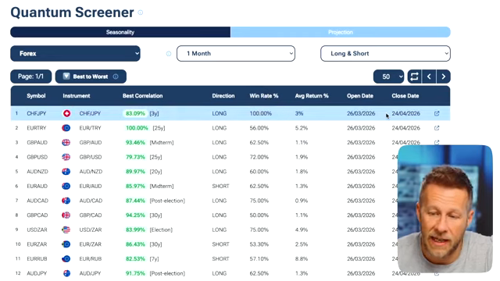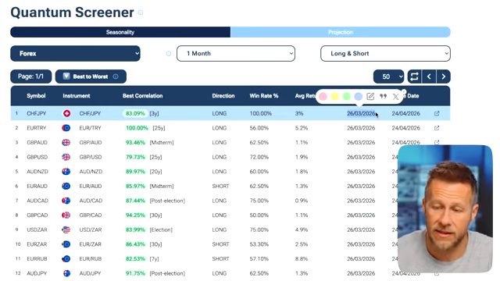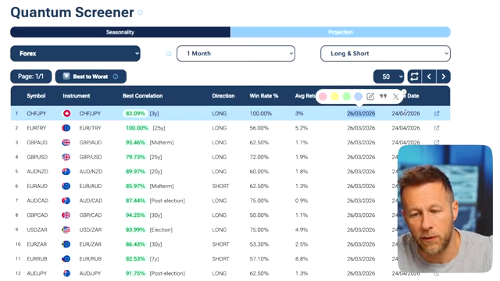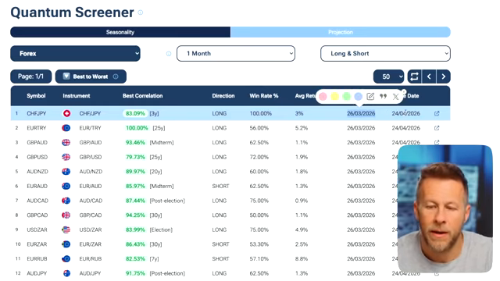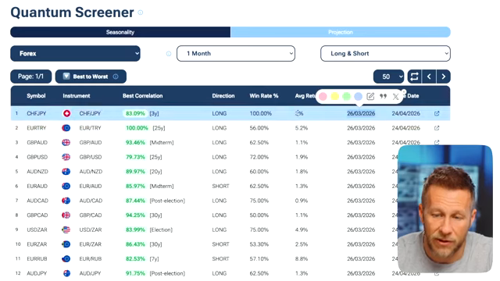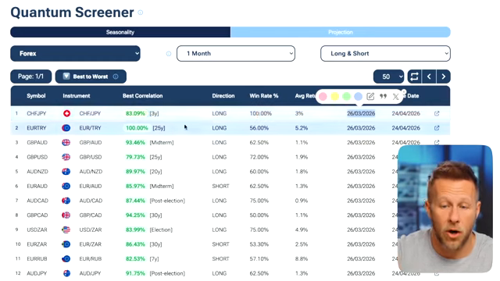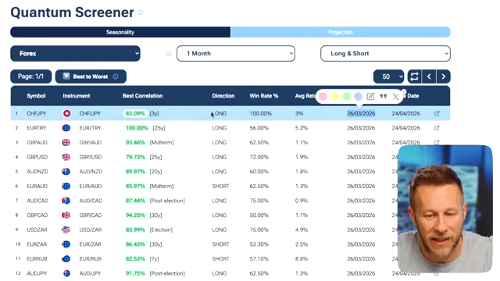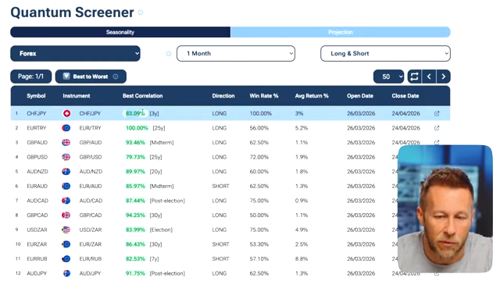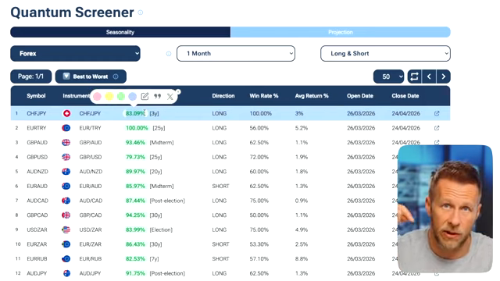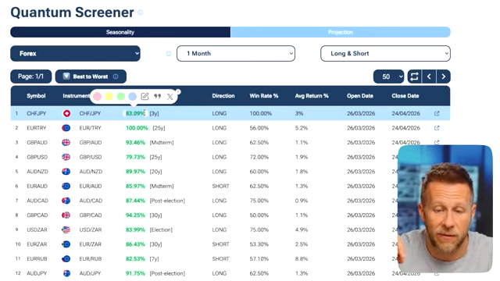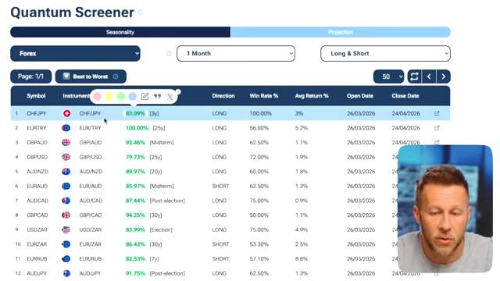It means that that sample size over that month, so 26th of March, which it is today, until the 24th of April, which is a month's time, there is a 3% average return with a 100% strike rate on that move going long. Right, that's pretty interesting. The correlation of price right now, in terms of how price is moving right now, is 83%, which is very high. And this is the Swiss yen.